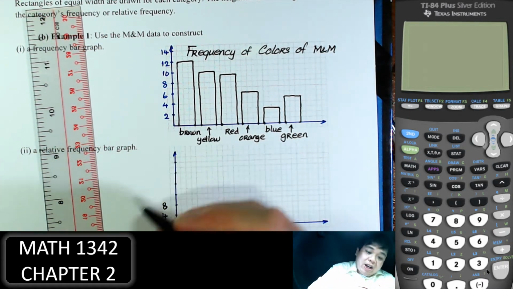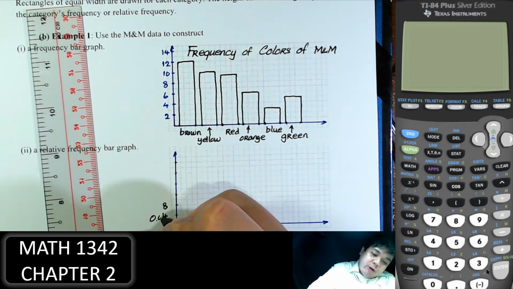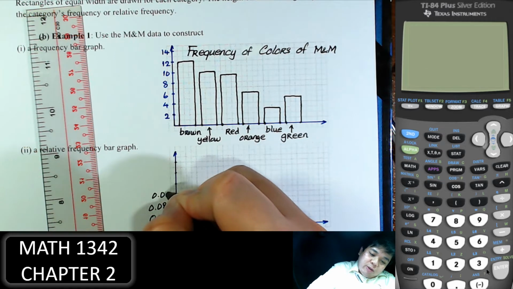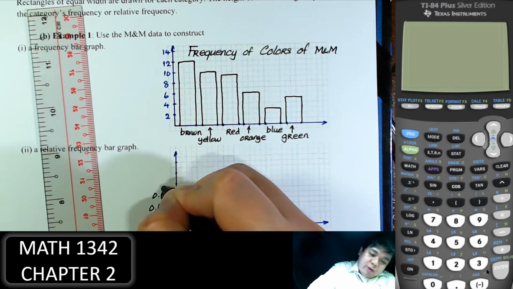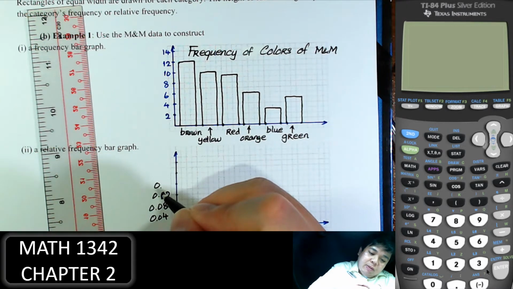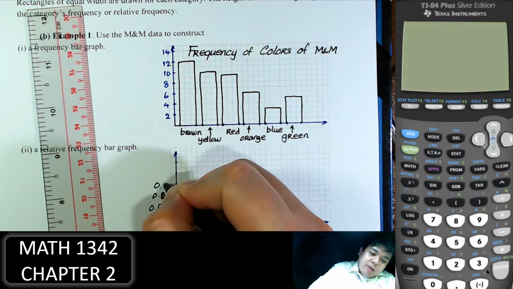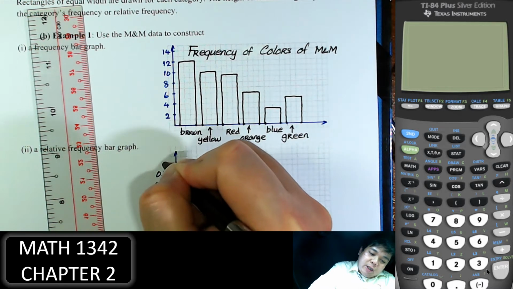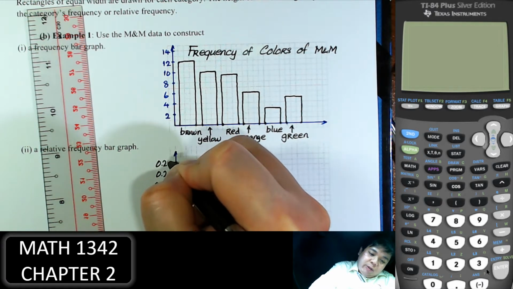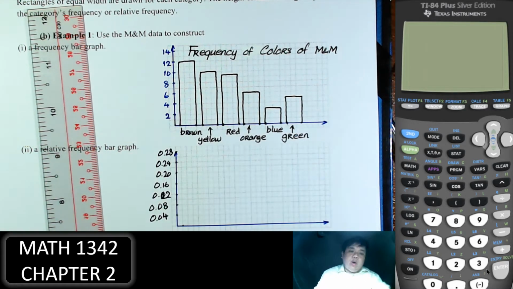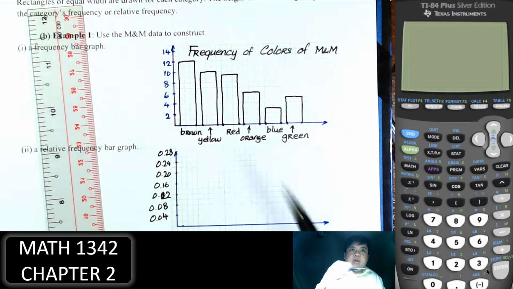We should write that as a decimal: 0.04, 0.08, 0.12, 0.16, 0.20, 0.24, and 0.28. Or we can just draw exactly like this and then just relabel them.